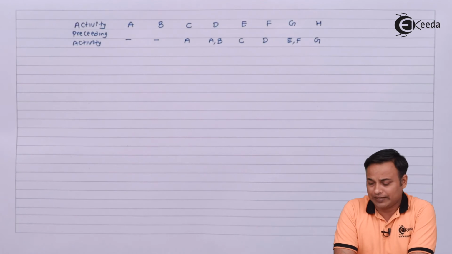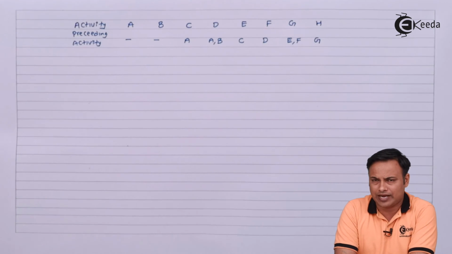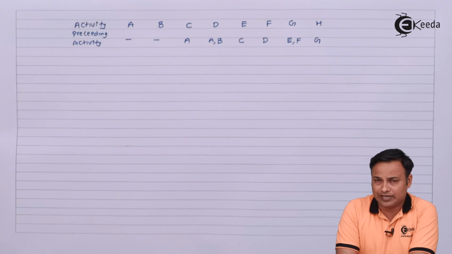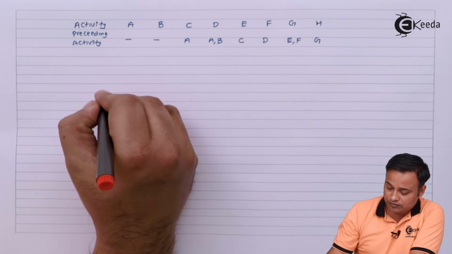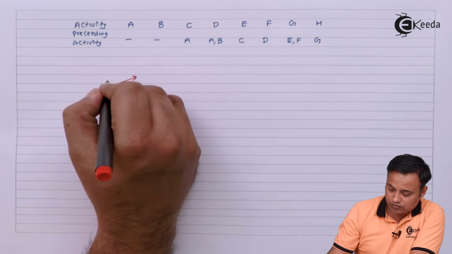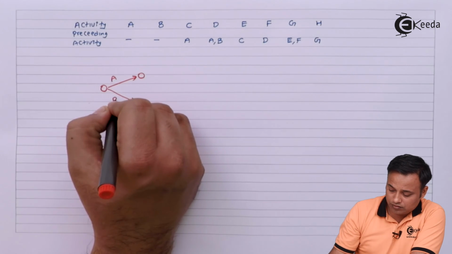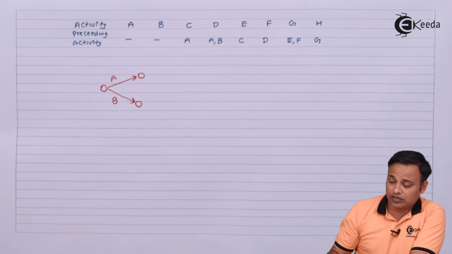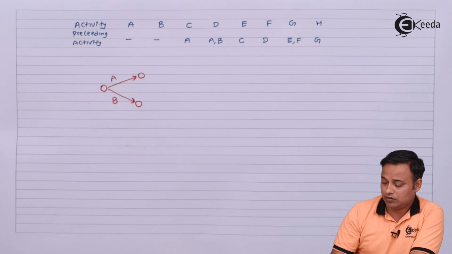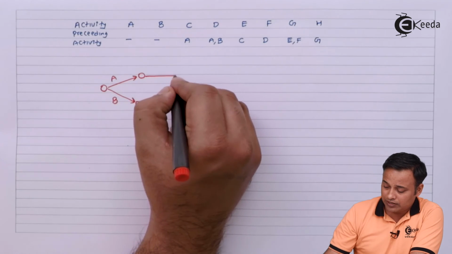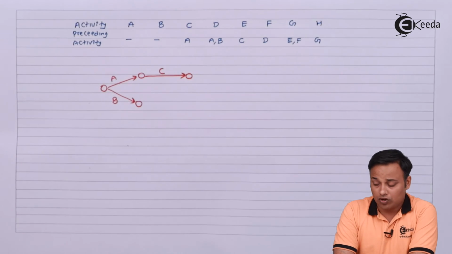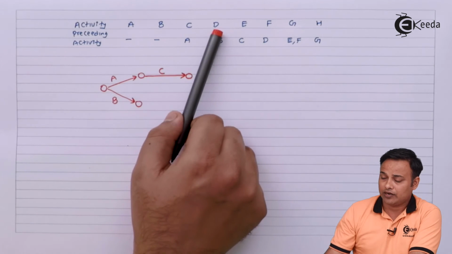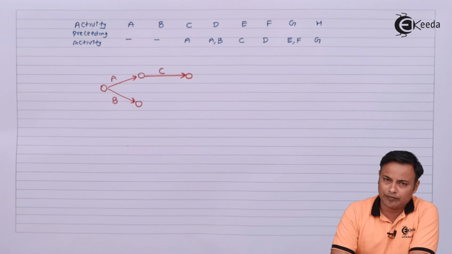पहले तो हमारा इनिशियल एक्टिविटीज आएगा A और B बिकॉज उनके पहले डैश है, उनके पहले कोई भी प्रीसीडिंग एक्टिविटीज नहीं है. So A and B will be my initial activities. Then after A we have C. सिर्फ A के बाद है C और मुझे A और B कंबाइन भी करना है, वहां से निकालना है D. How to combine A and B?